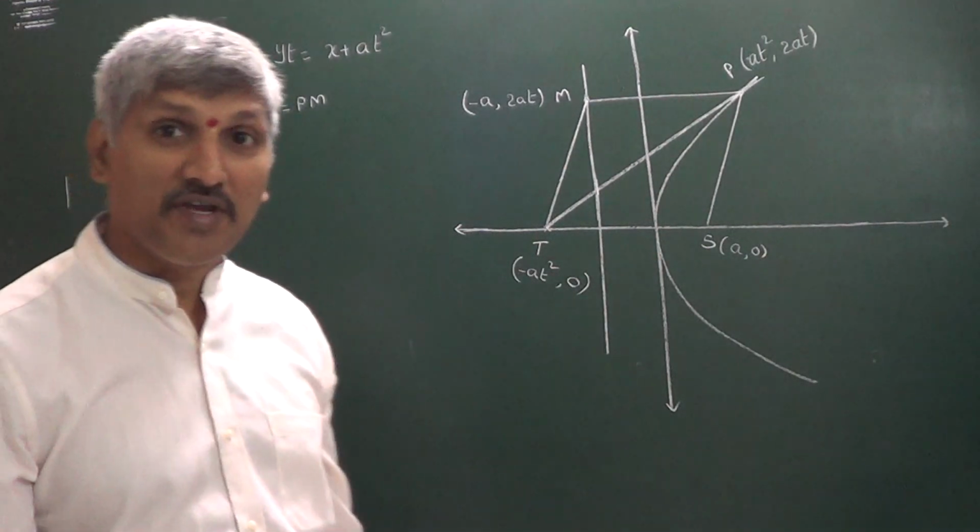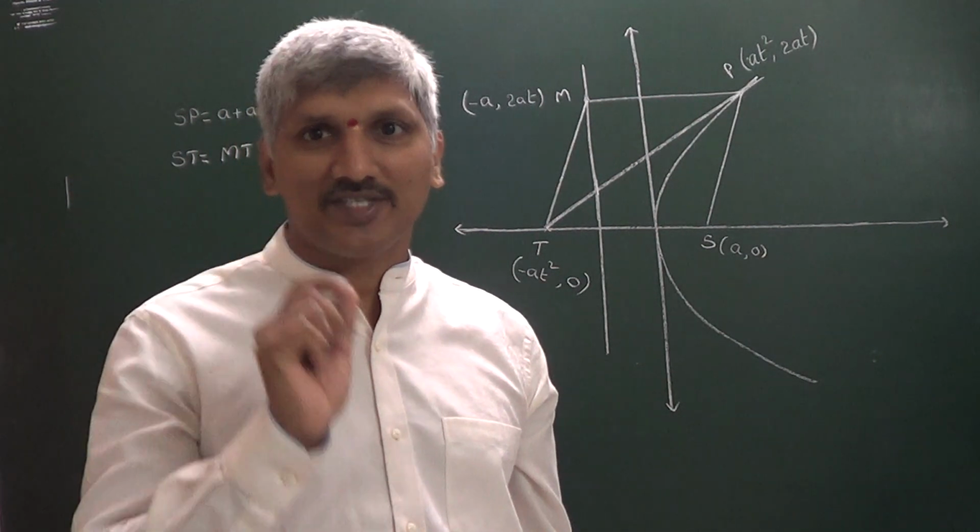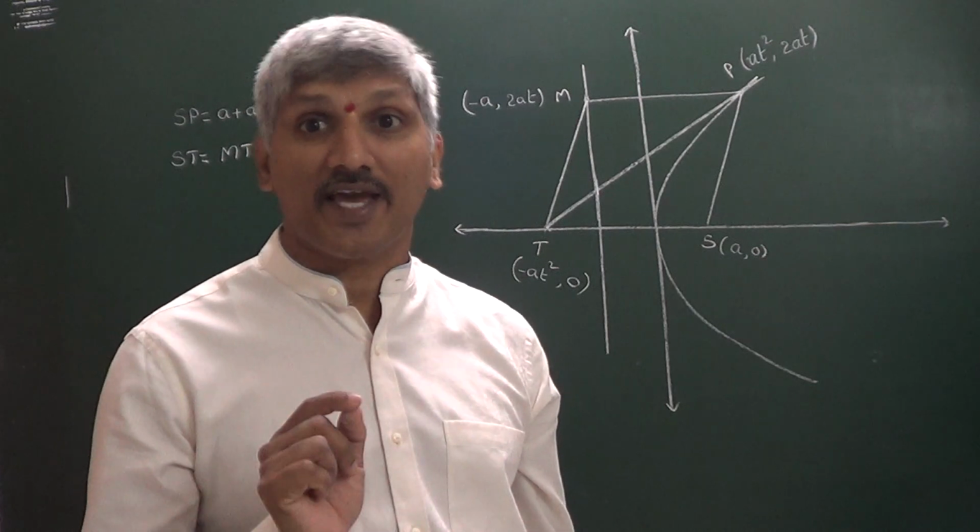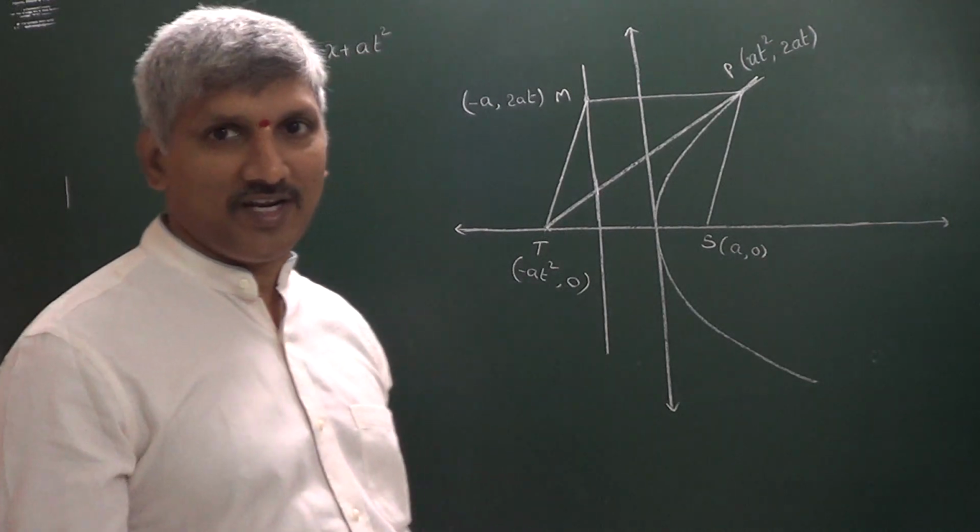At the same time, you immediately know that rhombus diagonals bisect each other perpendicularly.